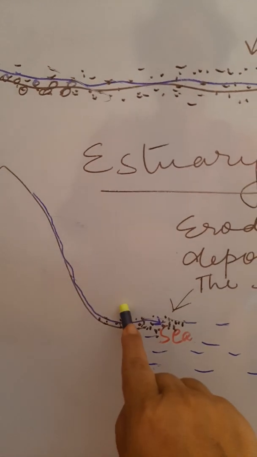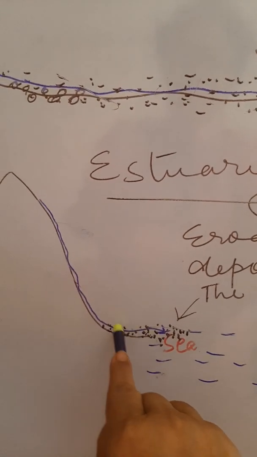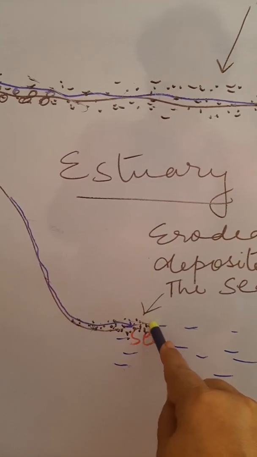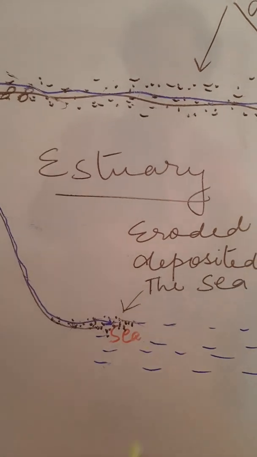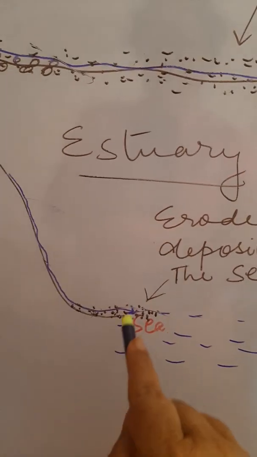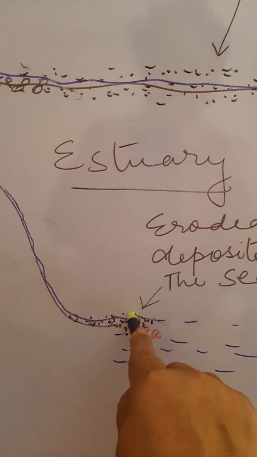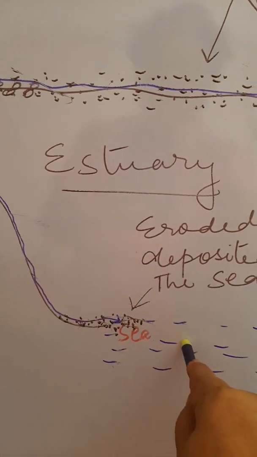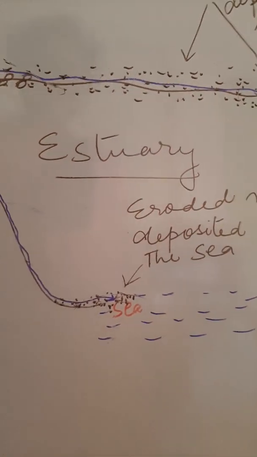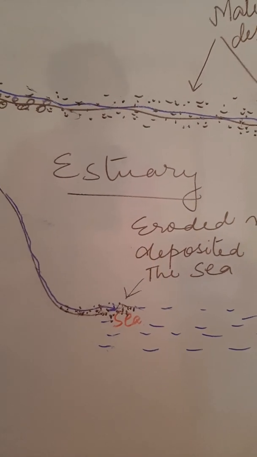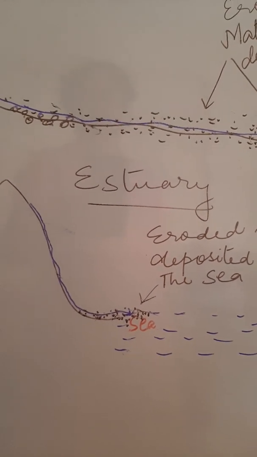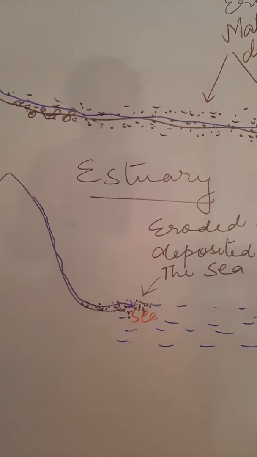So only a little amount of material gets dumped here, but the majority of the material goes and joins the sea. So this structure is funnel shaped, where the mouth of the river is submerged into the sea. So what is the mouth of the river? The end point of the river is known as the mouth of the river.